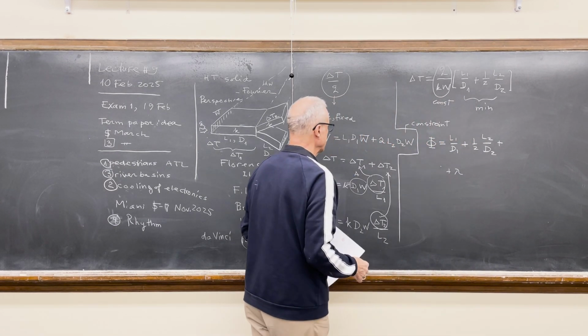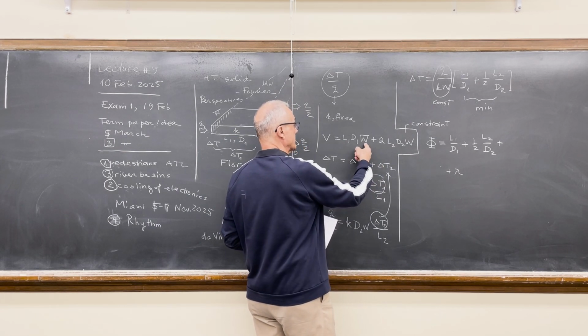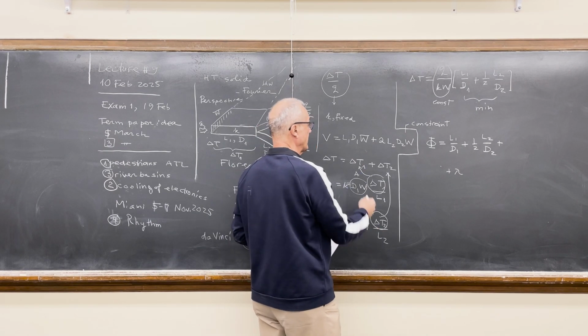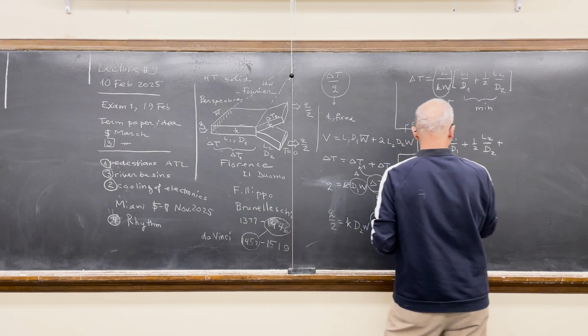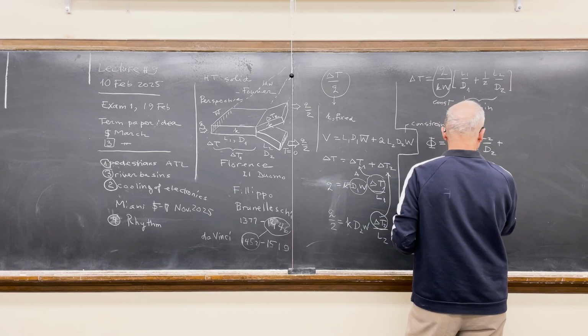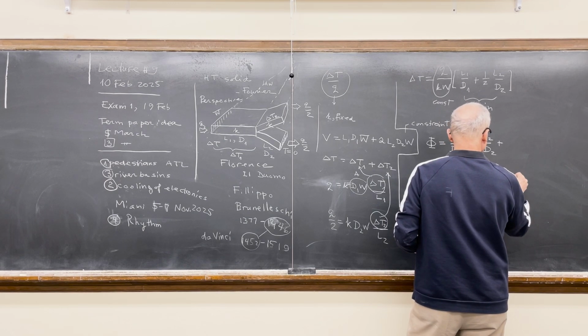Now, the constraint is, you see here on the right-hand side, where W is a constant. So that means that what really matters is the L1 D1 plus 2 L2 D2.